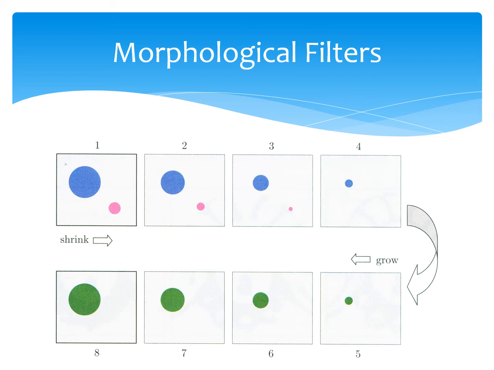In this way, we preserve the blue segment and remove the pink segment from the image. Subsequently, as depicted in the bottom row, we grow the remaining segment as shown in green so that the preserved segment is grown back by the same amount to its original size.